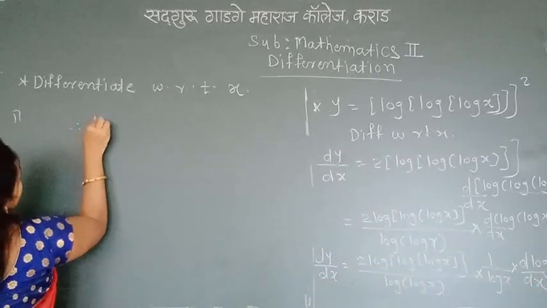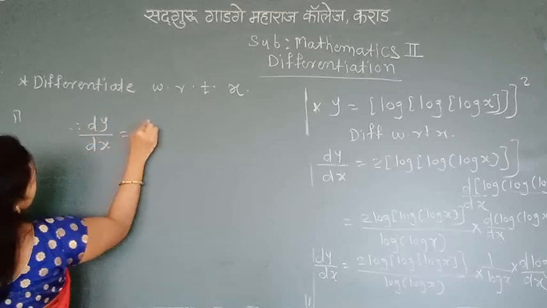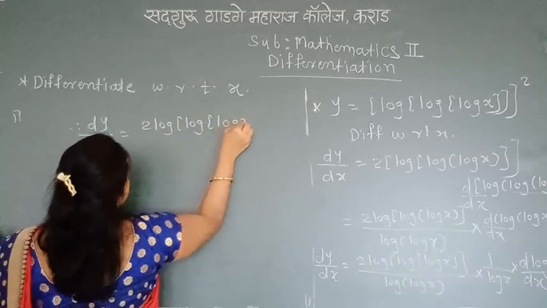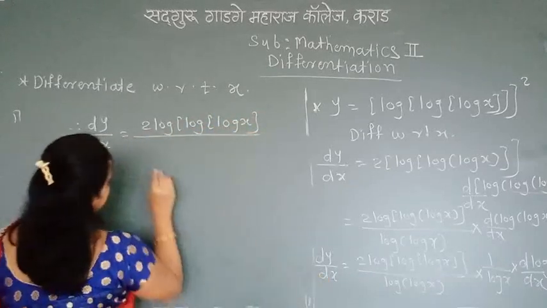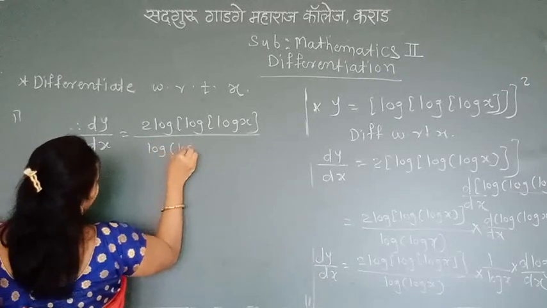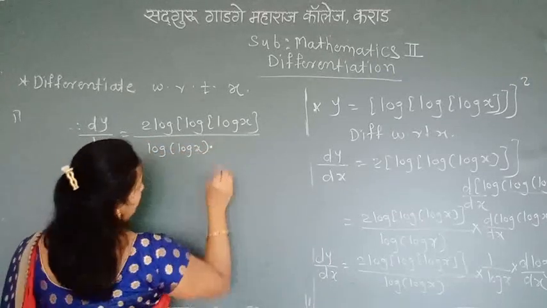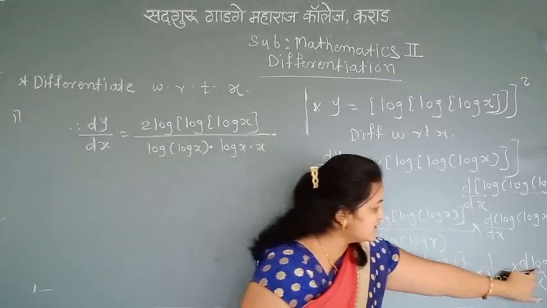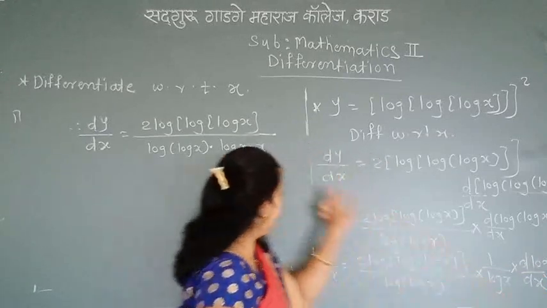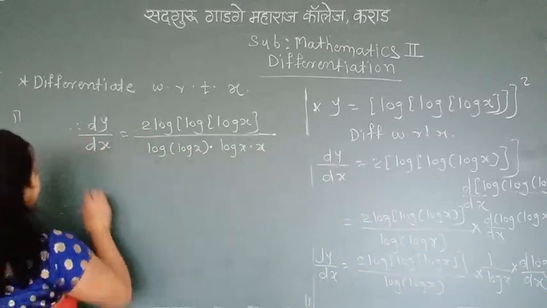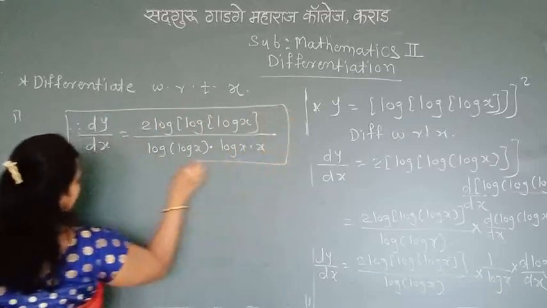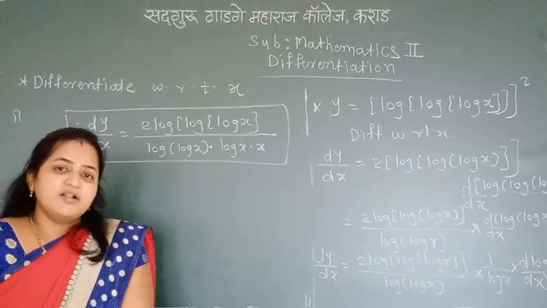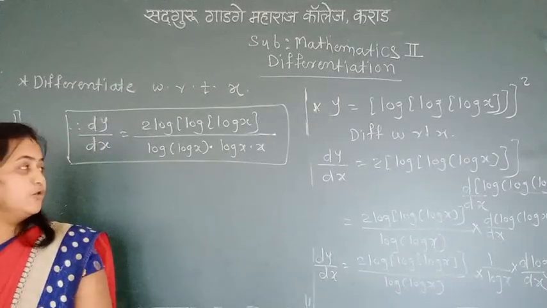So we get a final answer, dy by dx is equal to 2 times of log of x divided by log of x multiply log of x multiply 1 by x, because derivative of log of x is 1 by x. So this is your final answer. I hope you understand. Now next lecture we solve more example for same composite theorem. Thank you very much.